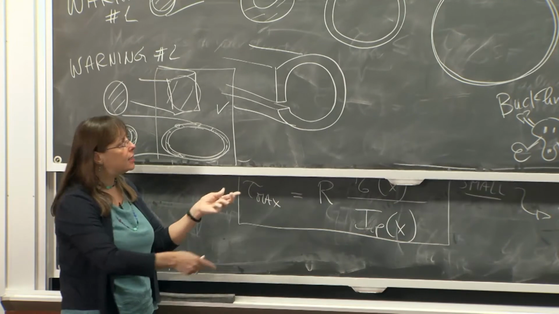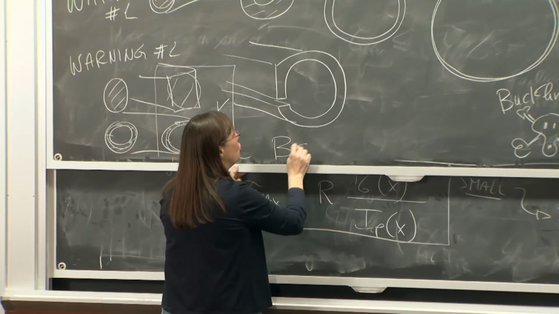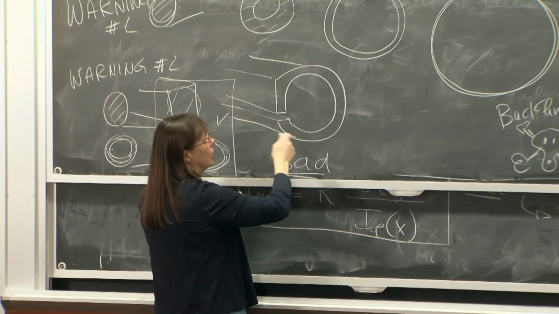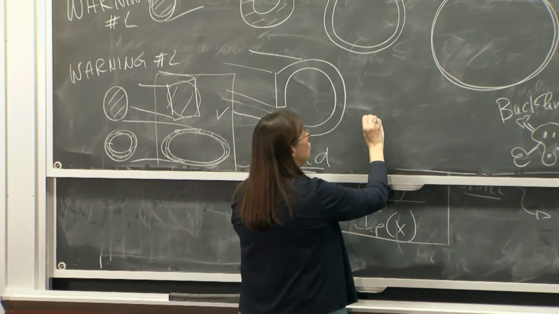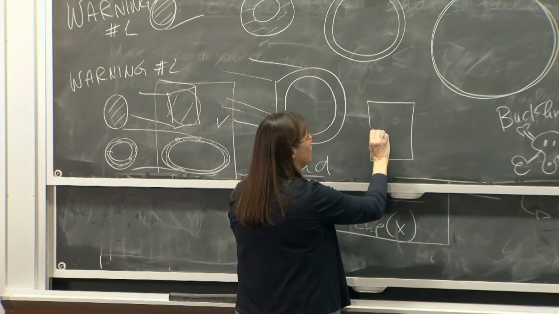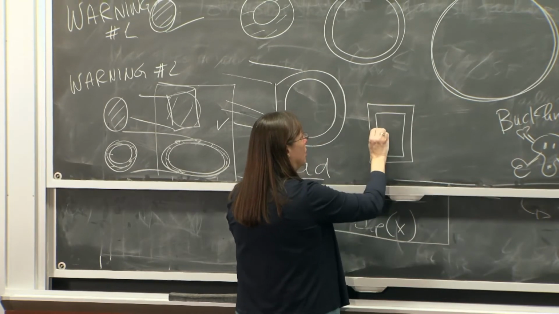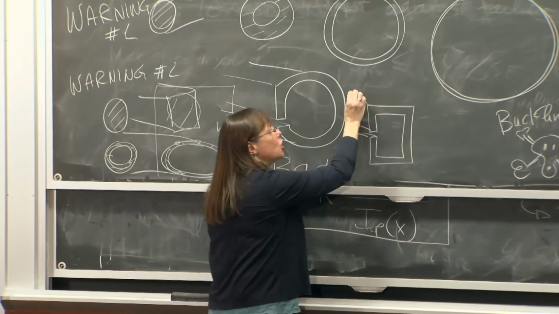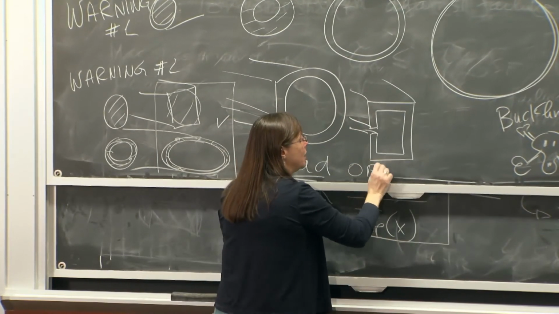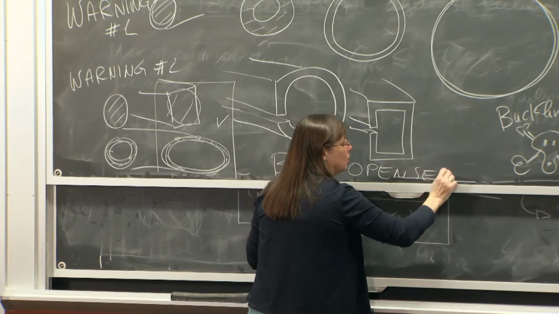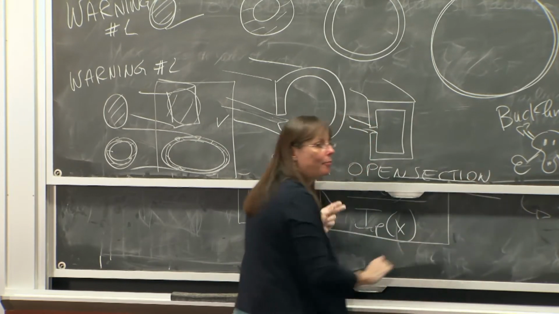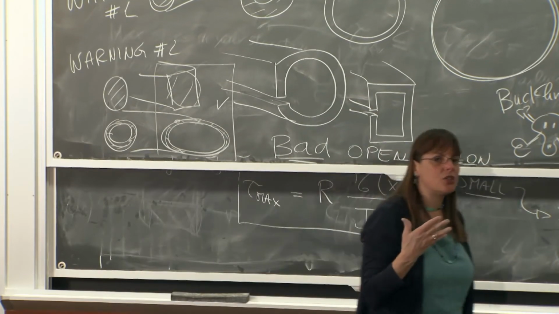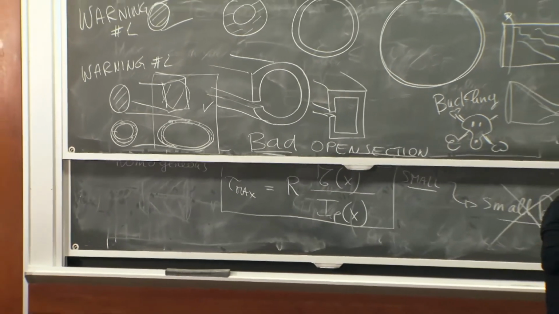These are bad in torsion. If the section is open, it's bad, which means you have to worry about failure along lines like this. Anything like a box is okay, but open sections are bad. You have to think of the lines of stress that carry the load like the flow of a river.